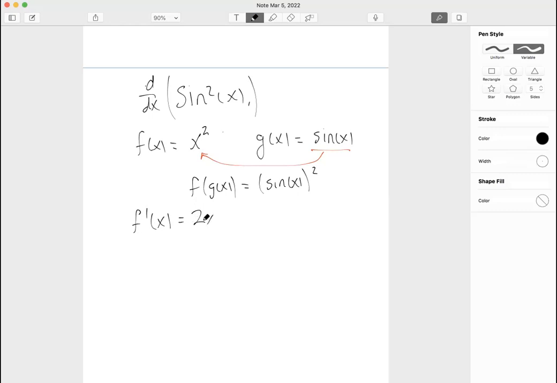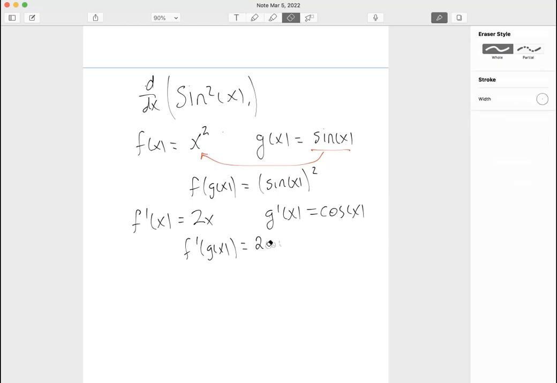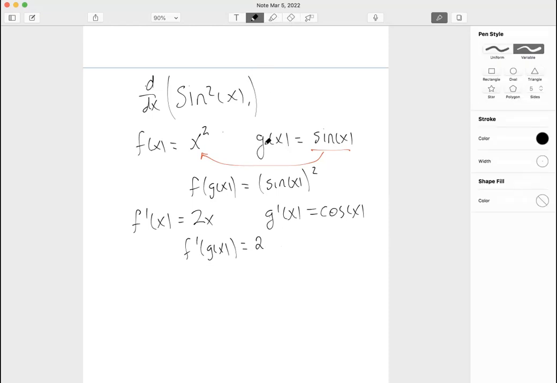2x, and then g prime, cosine x. And then let's do f prime of g, 2 sine, right? Yeah, 2 sine. So I'm looking at g.